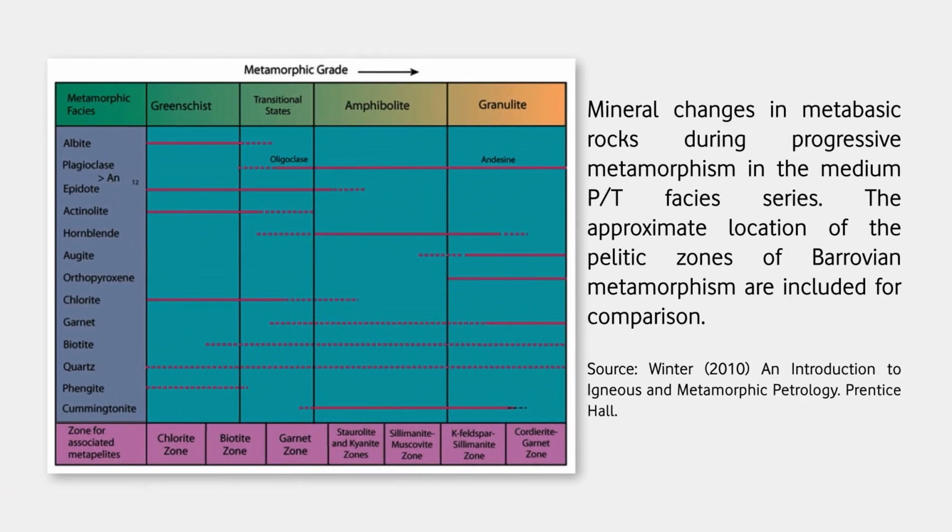Metamorphic grades. I am showing the metamorphic grades here. The metamorphic phases: green schist phases, transitional series, amphibolite phases, and granulite phases. The mineral assemblage is albite, plagioclase, epidote, anorthite, actinolite, hornblende, augite, orthopyroxene, chlorite, garnet, biotite, quartz, gedrite, and cummingtonite.